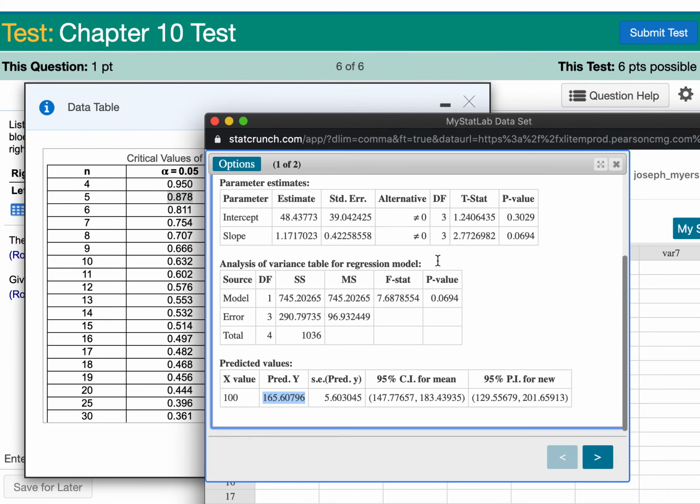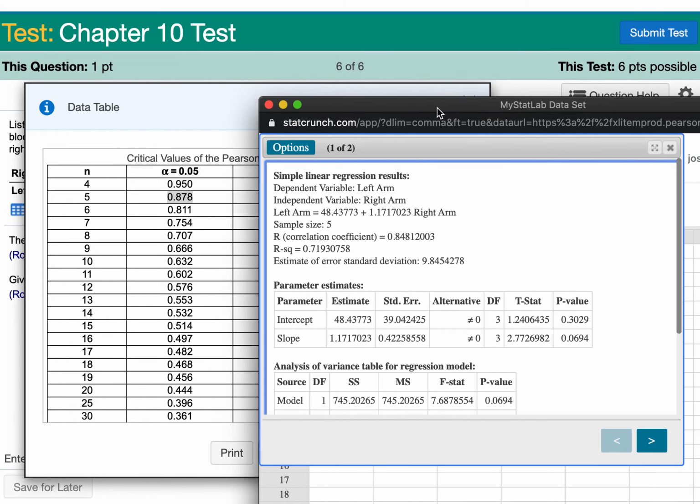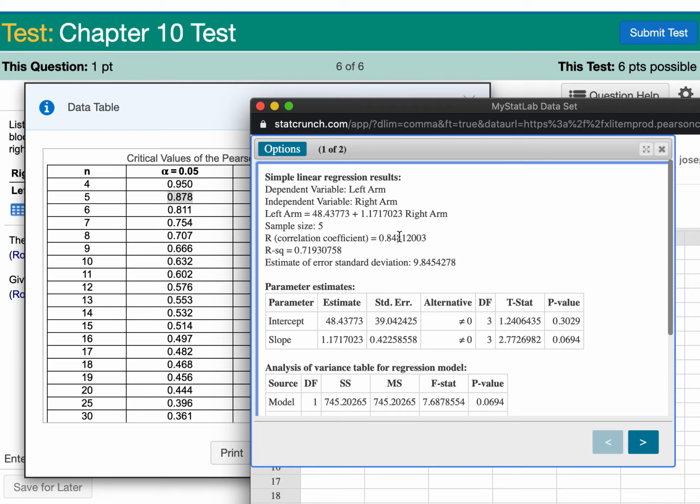The value of R is only 0.848, which is less than 0.878. So our correlation coefficient is not big enough and strong enough. It's not close enough to 1 or -1 to be a somewhat perfectly strong relationship.